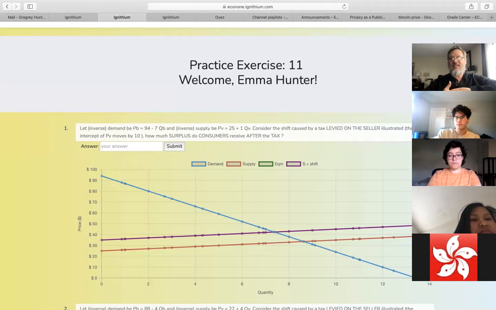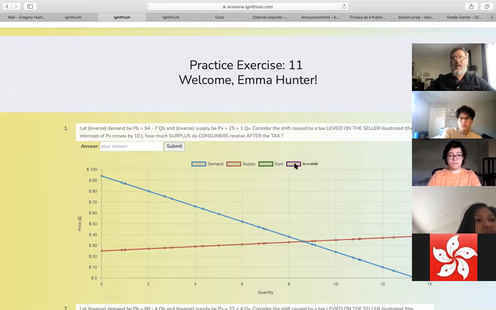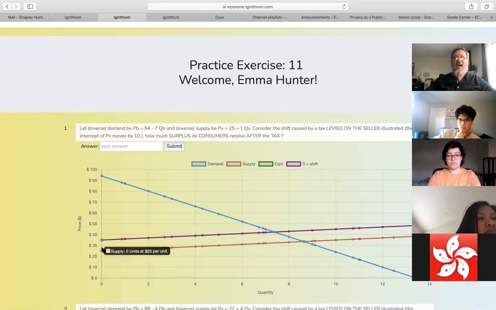But when I first mentioned that, I said there is one exception, or maybe a few exceptions, and this is one of them. In this case, it looks like the supply curve is shifting up, right? Yes. And when we're talking about taxes, that's the best way to think about it.